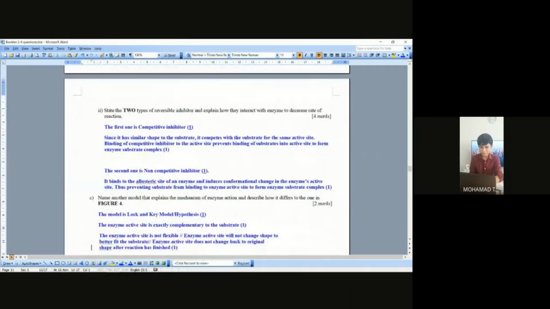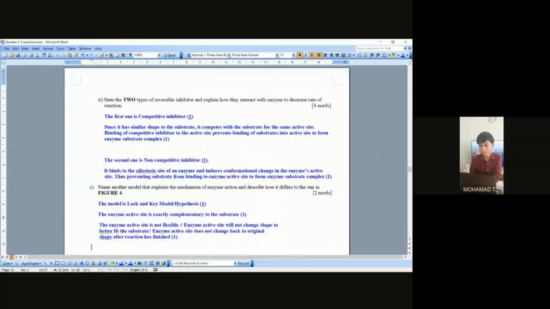State 2 types of reversible inhibitor, and explain how they interact with enzyme to decrease the rate of reaction.